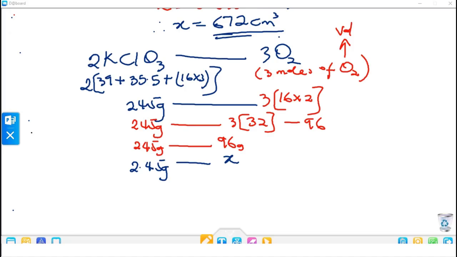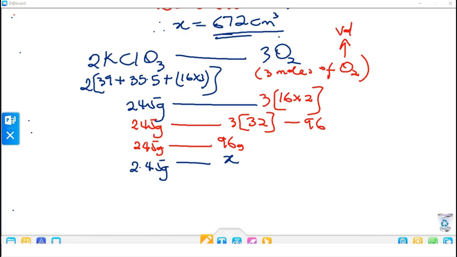So what we need to say is, from the equation, 245 grams of potassium chlorate gives 96 grams of oxygen. Not like in the first example where we say 245 grams of potassium chlorate gives 3 moles of oxygen, because there we are interested in the volume of oxygen produced, not the mass of oxygen produced.